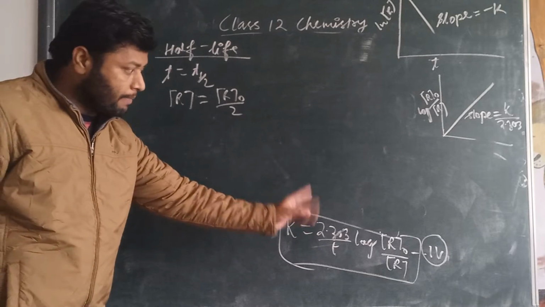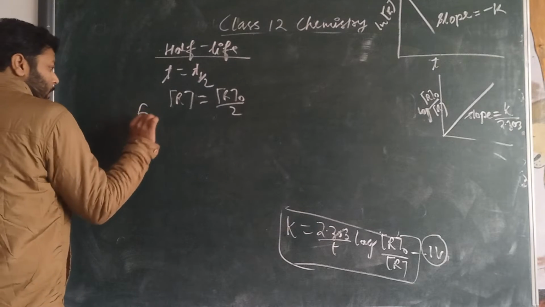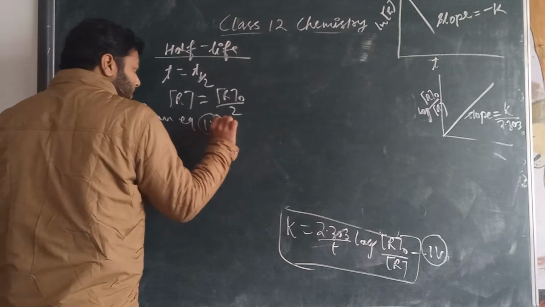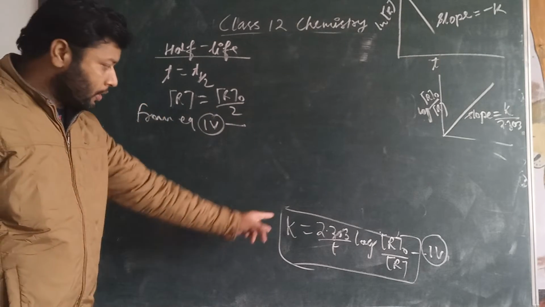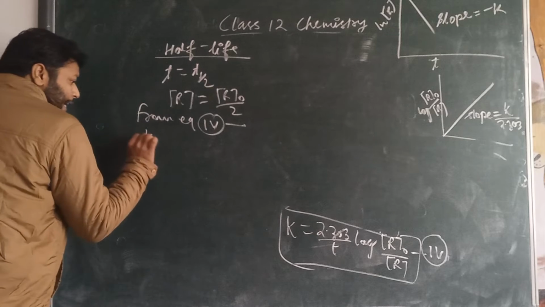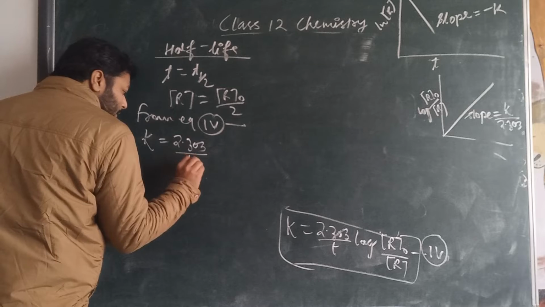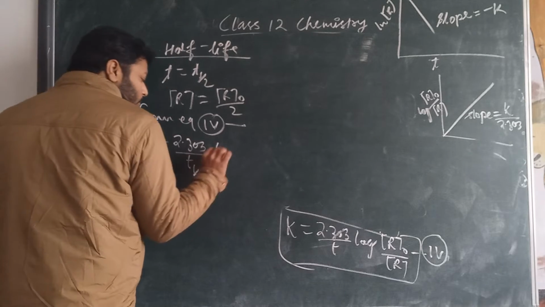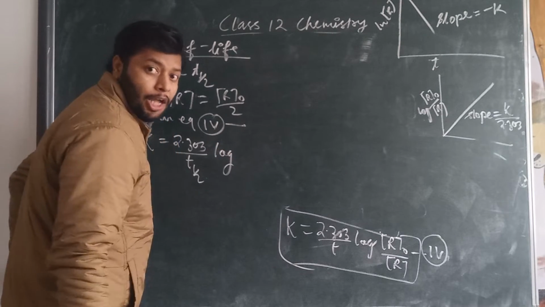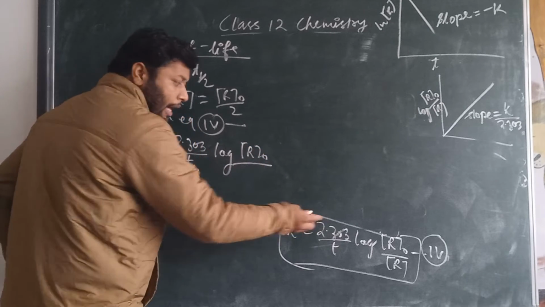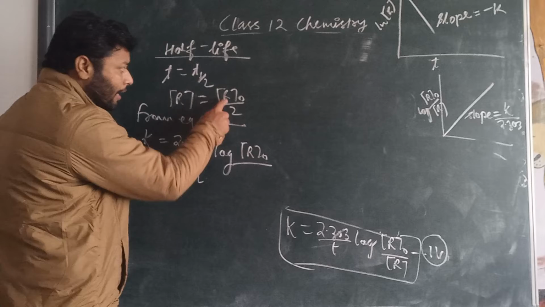So from equation number 4, you see the formula k equal to 2.303 upon t half times log R naught, and instead of R you have to write here R naught by 2.